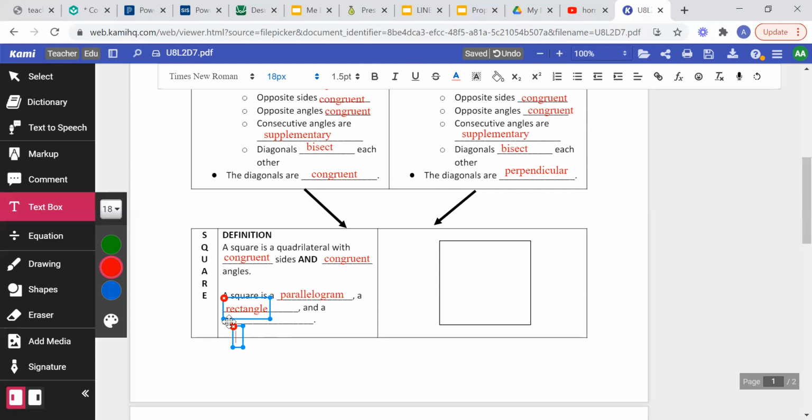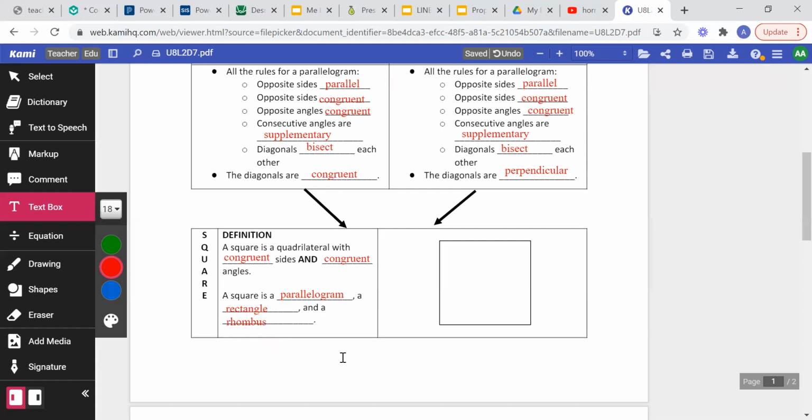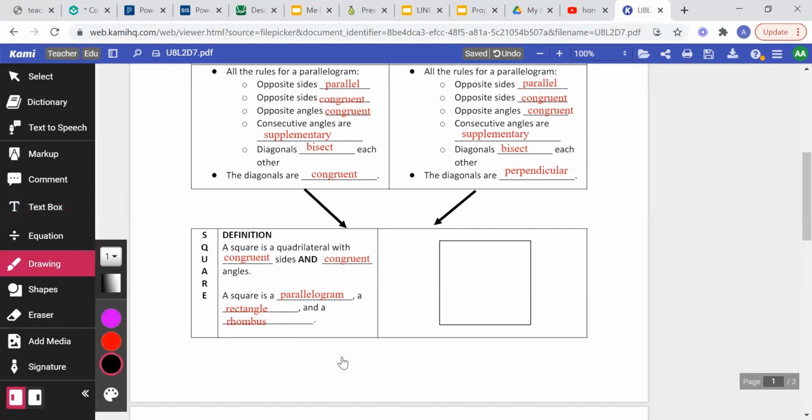I'm going to put this thing here. Okay, let me write it down here. How? Because we say in a parallelogram, opposite sides are parallel. So this side is going to be parallel to this, and also this side is going to be parallel to this.